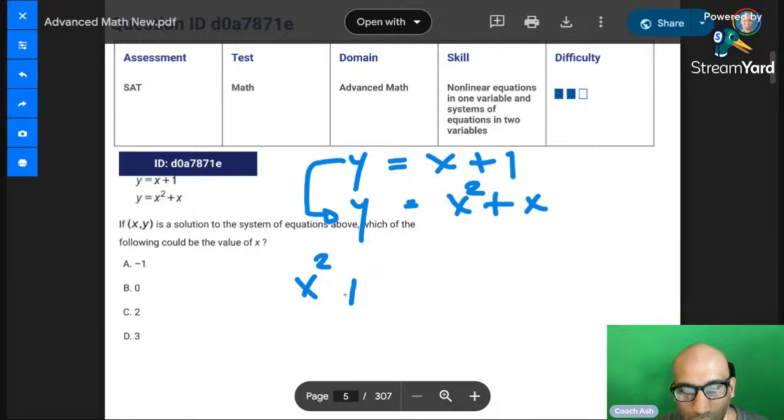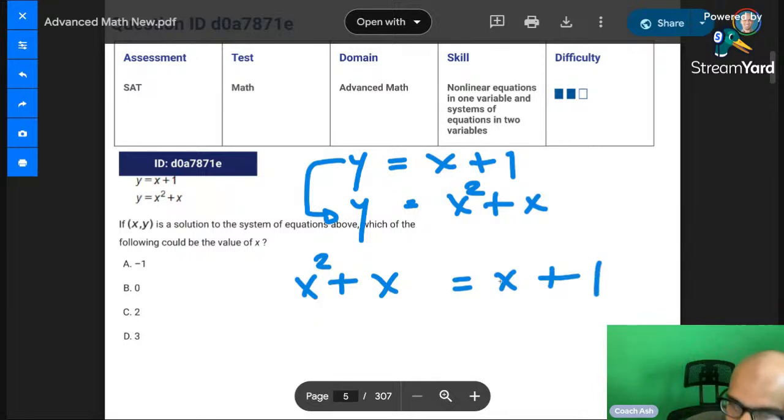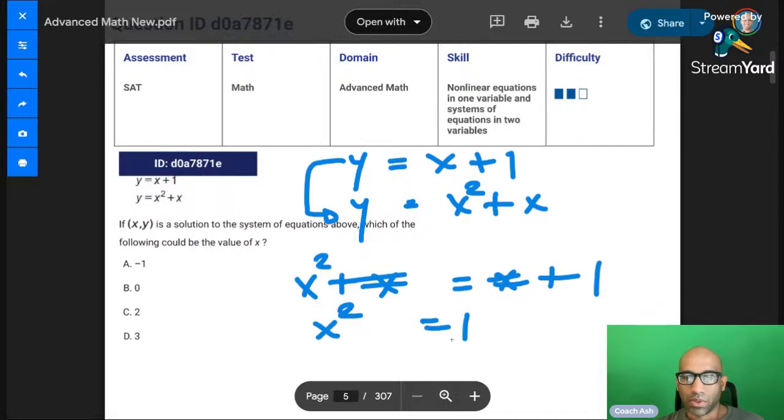What do you do now after this? On both sides, you will get rid of these x's, because they're the same value. Let's just delete them. So you deleted them and you've got x squared is equal to 1.